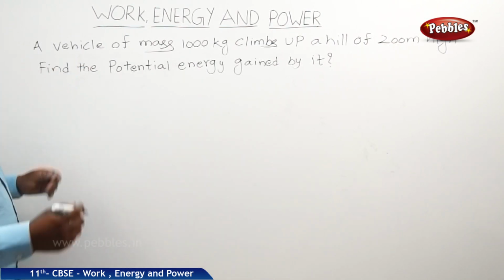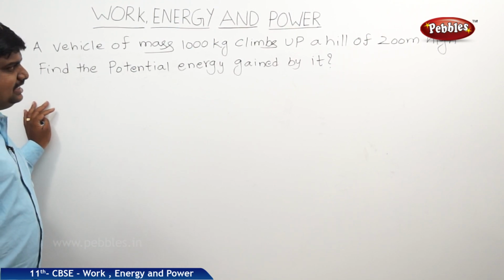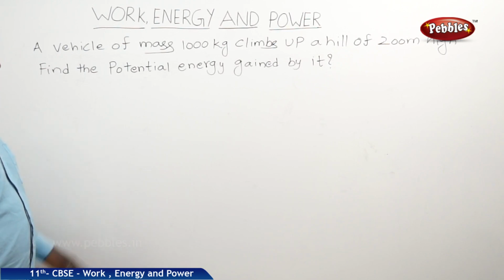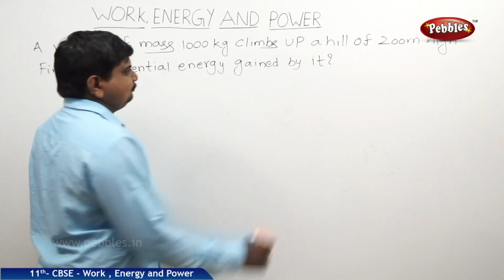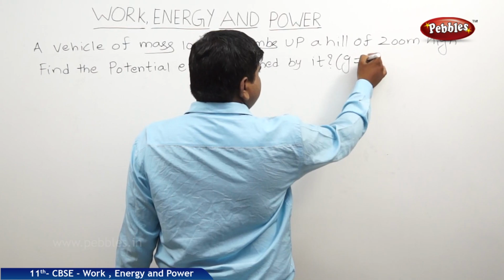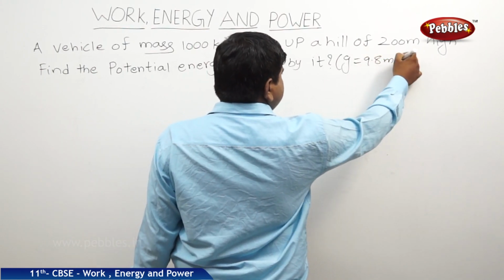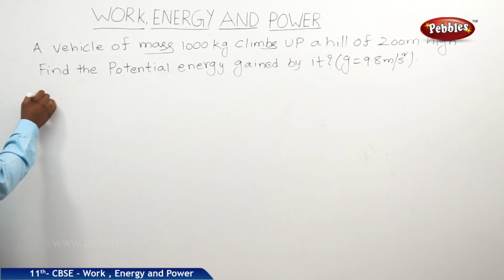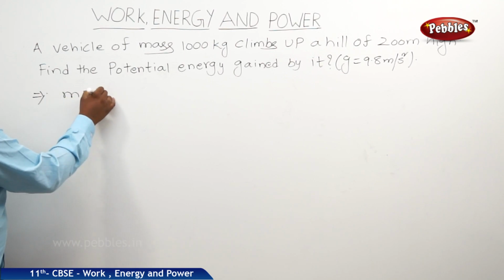The problem is: a vehicle of mass 1000 kg climbs up a hill 200 meters high. Find the potential energy gained by it, where g is equal to 9.8 meters per second square. Therefore, the mass of the body is 1000 kg.